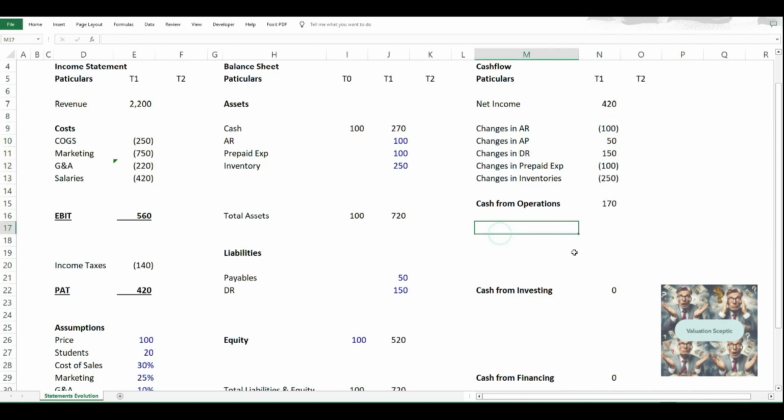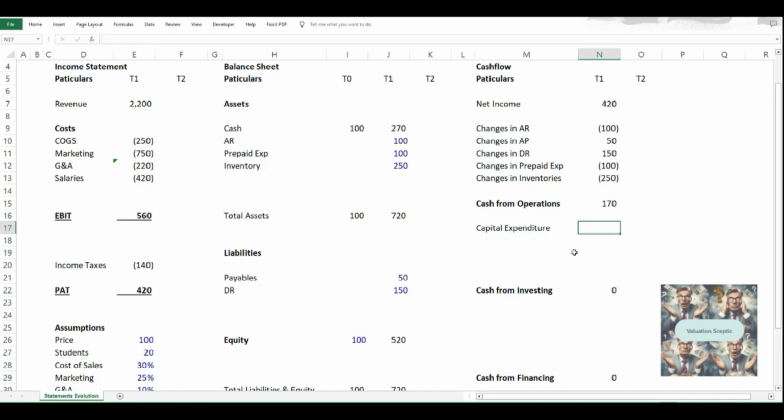However, in capital expenditure, we will be linking our long-term asset from cash flow statement to balance sheet.